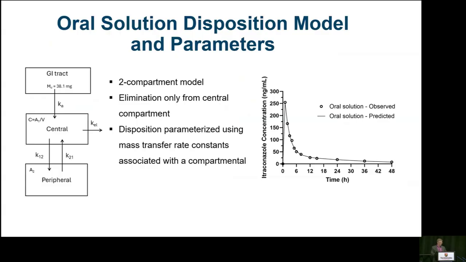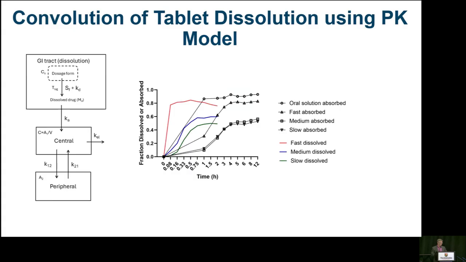So this on the right-hand side is really fitting, not so much predicting, fitting the oral data to a two-compartment drug. The drug's known to have two-compartment pharmacokinetics. So we have a nice basis for the disposition of the drug post-dissolution. And then all we did was feed in the fitted dissolution profiles, which we knew would work at this point.